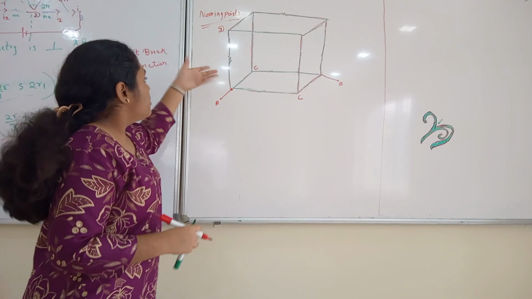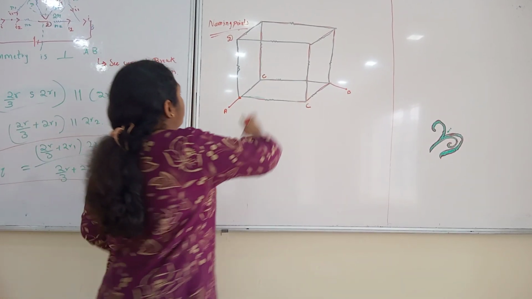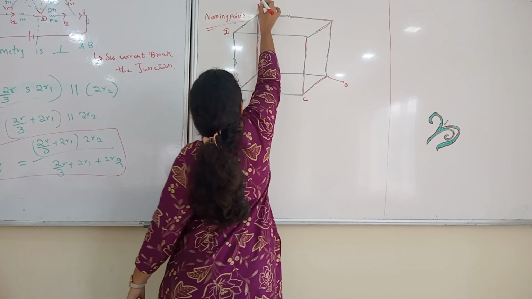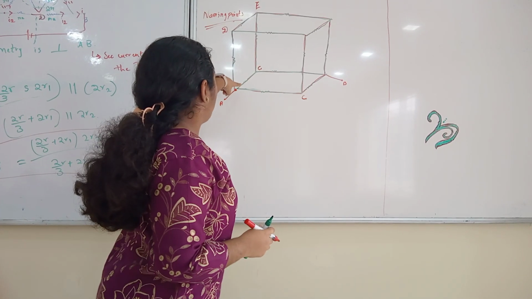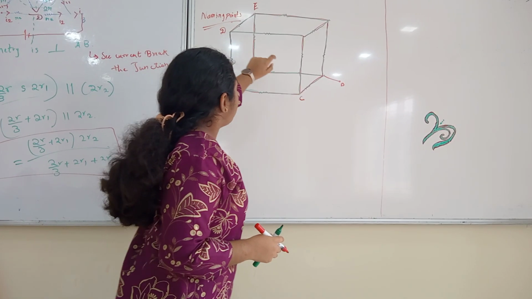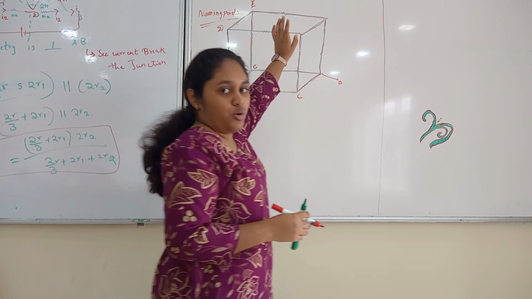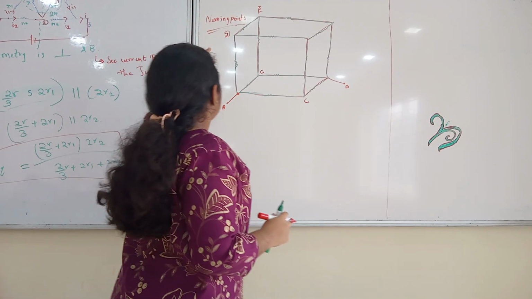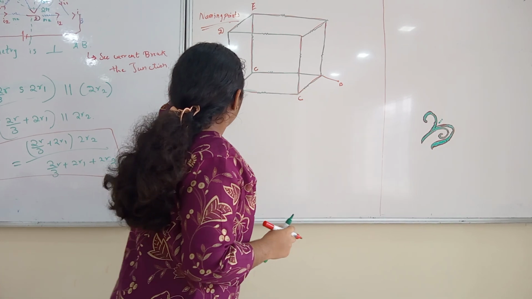It's not. So let's take another one point. That is E. A से तो दो. 1, 2. B से भी 1, 2, 2. No. Another one is there. हाँ.